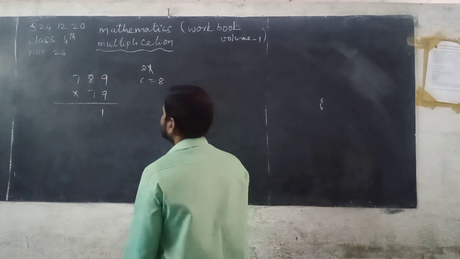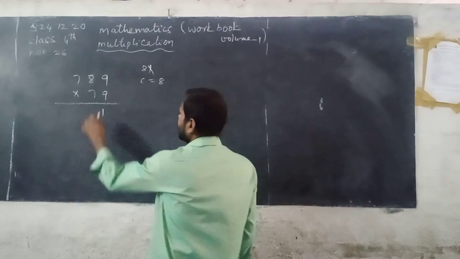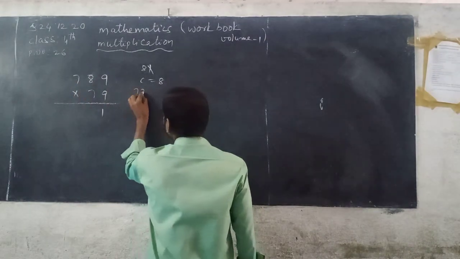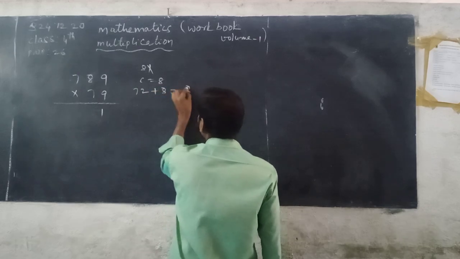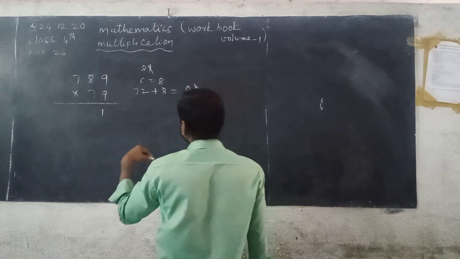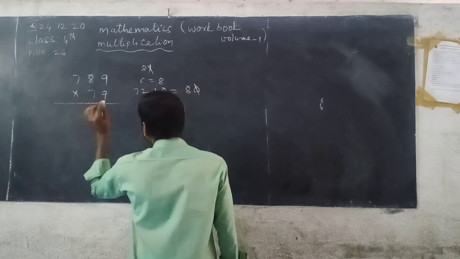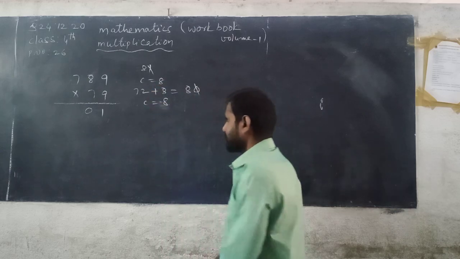Next, we multiply the digits in the tens place. 9 8s are 72. So 8 is added to 72. 72 plus 8, you get 80. In it, 0 is taken and written down in the tens column of the product and the remaining number 8 is carried.